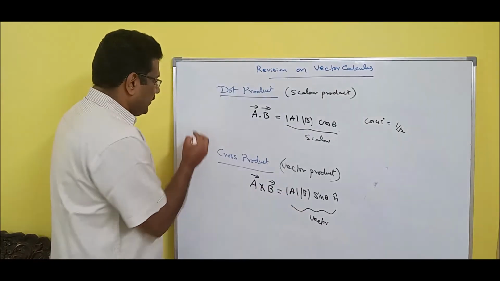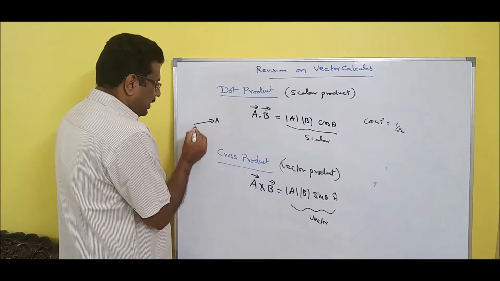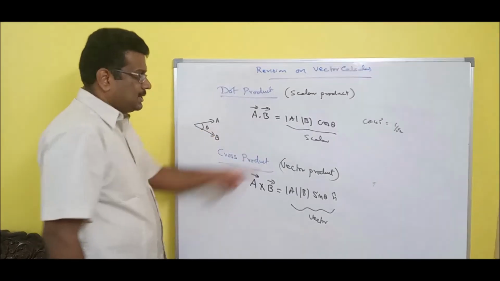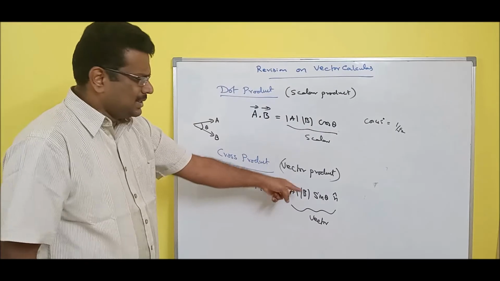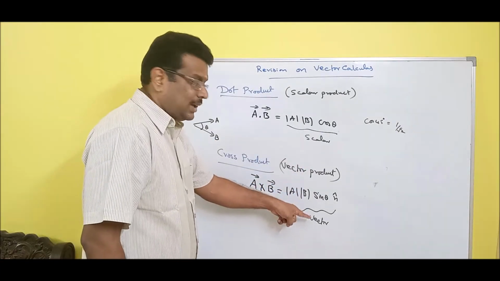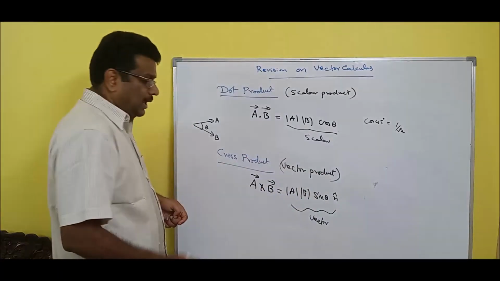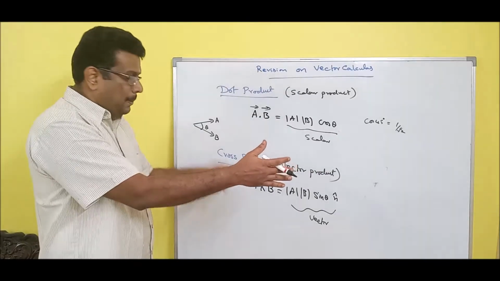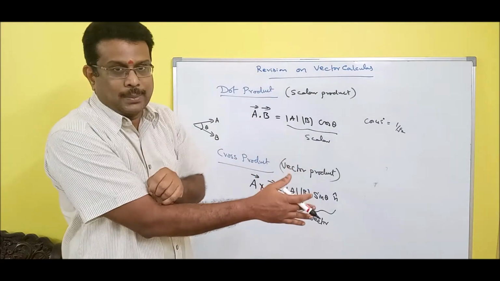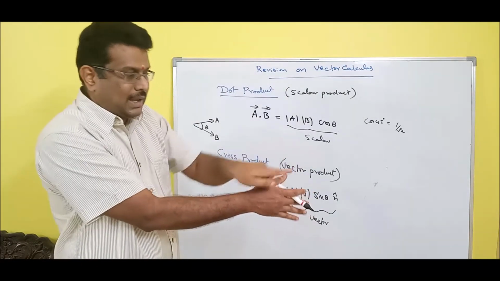Now if you have A one vector, B one vector, the angle between A and B is theta, then cos theta, sin theta. Okay, this is the mathematical discussion. Let's not bother. Sir, the result is a vector. The vector is in which direction? If A is in x direction, B is in y direction, this is the plane where A and B are available.